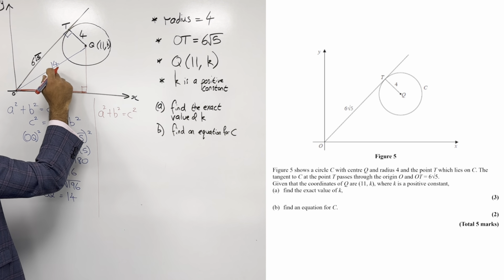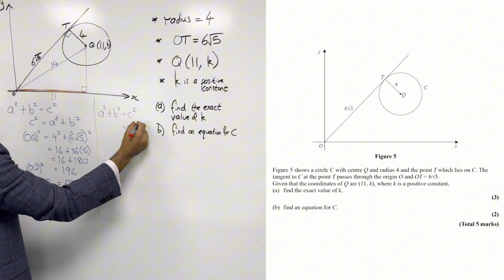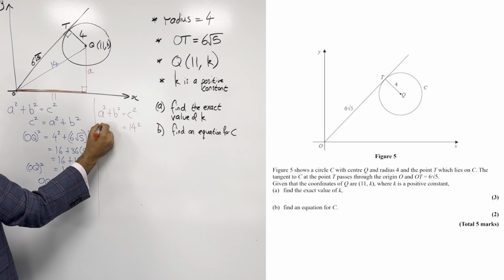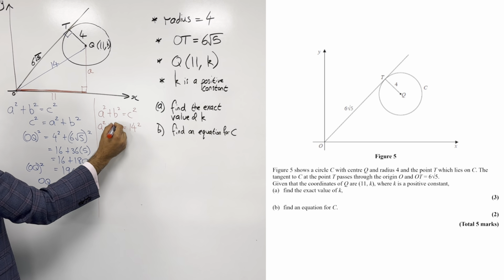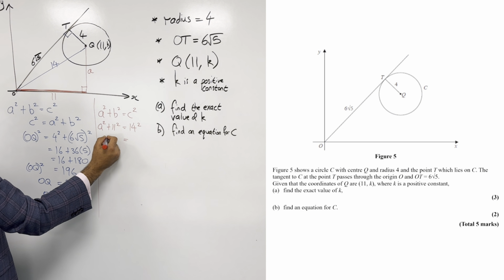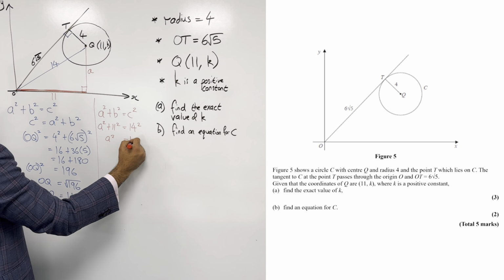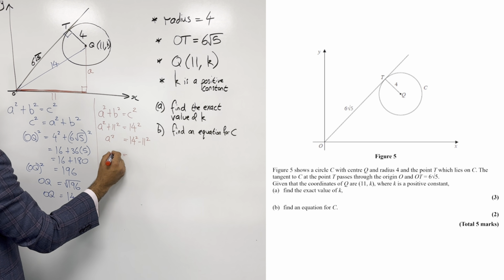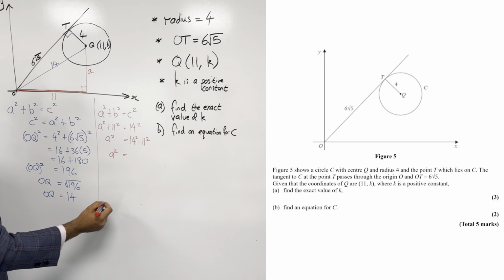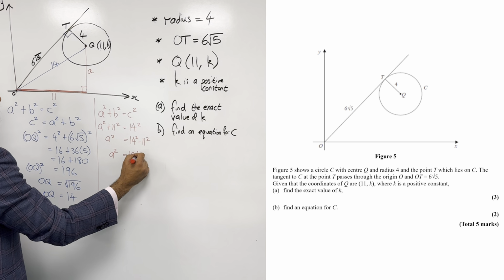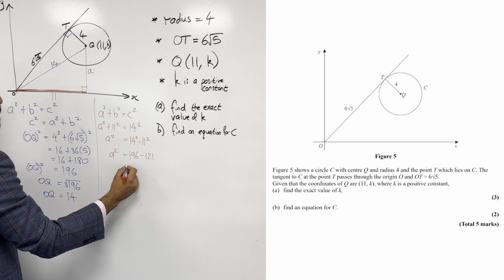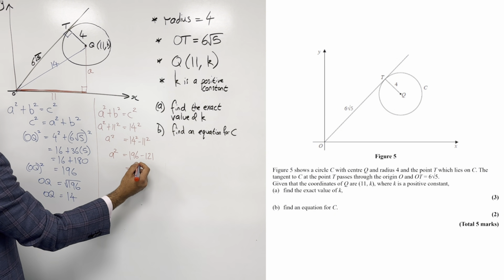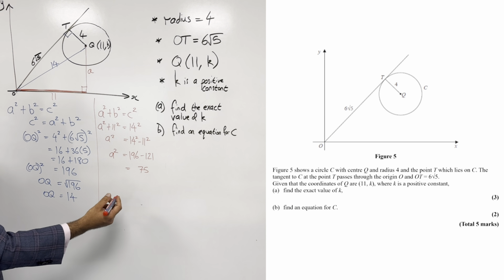I know that the hypotenuse is 14 squared, and I'm going to call this length a. So a squared plus 11 squared, that's going to give me a squared is equal to 14 squared minus 11 squared. So a squared is going to be equal to 196 minus 121, which is 75.